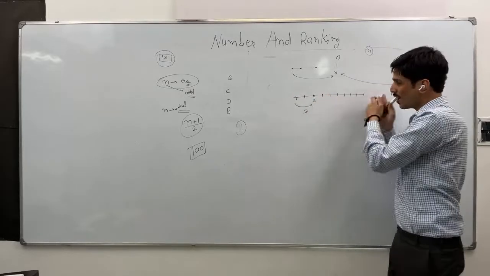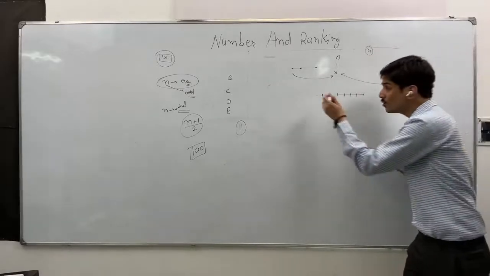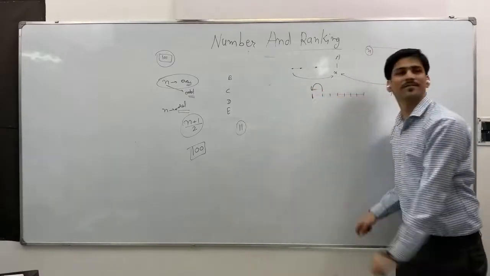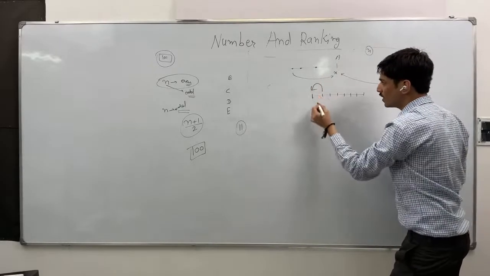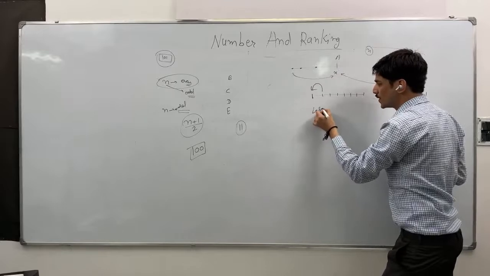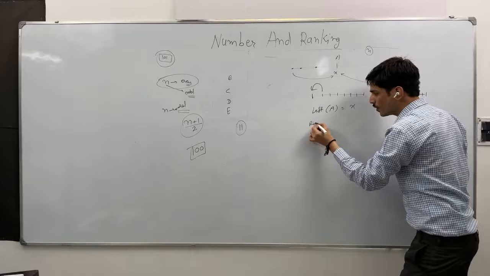Are you getting my point? Out of 10, if I remove 3 students, I'll get this one. But I want to reach this student, so I have to add 1. Is it clear? So using this formula, if the rank of A from the left is x, then from the right, what will be his rank?